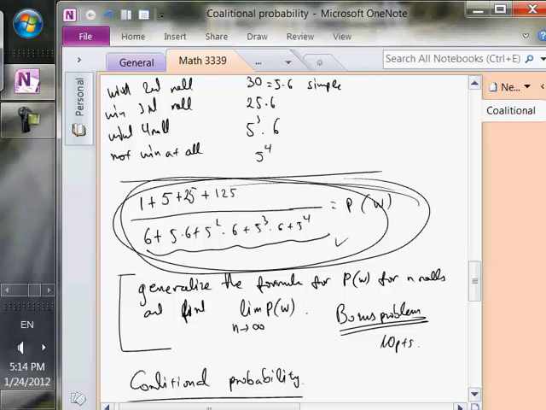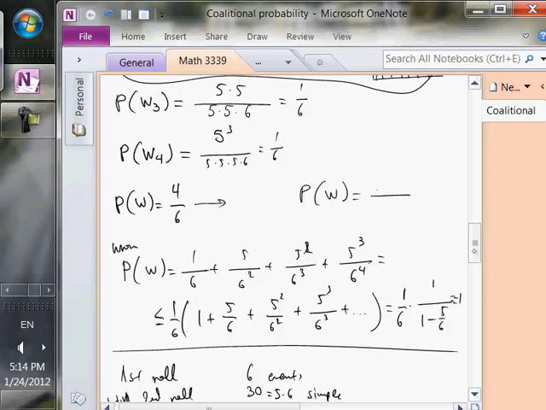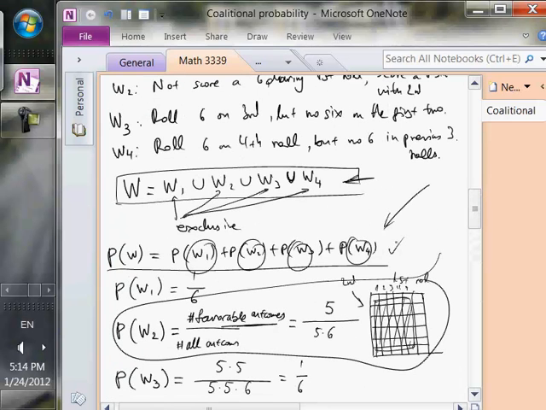So what was wrong at the very beginning was this summation. This summation was wrong.